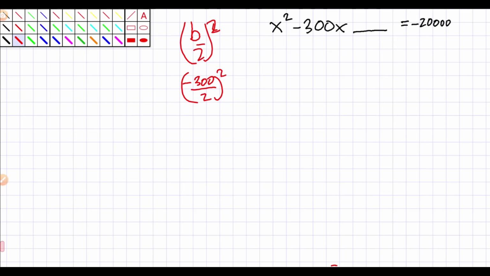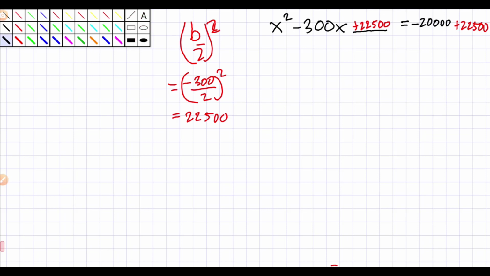That is equal to 22,500. Perfect. Beautiful. All right, so that's what I'm adding to both sides. I'm adding 22,500 on this side of the equation and 22,500 over here.